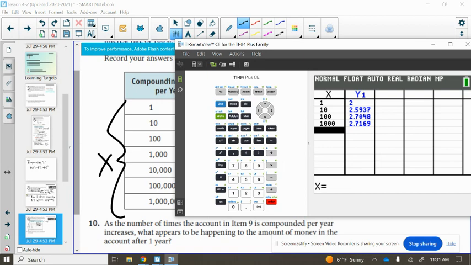And then we look at 10,000. And as we start seeing here, each time these values are coming infinitely close to a number, right? In particular, it's coming really close to 2.7183.